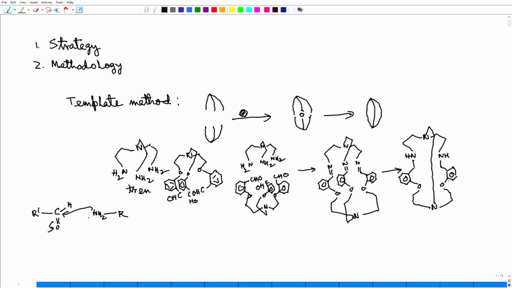That means the lone pair is not available for attacking the carbonyl carbon, so the reaction did not go. Therefore, when we took alkali metal ions, they bind both oxygen and nitrogen, but very weakly. But what it does is bring the two parts together like this.